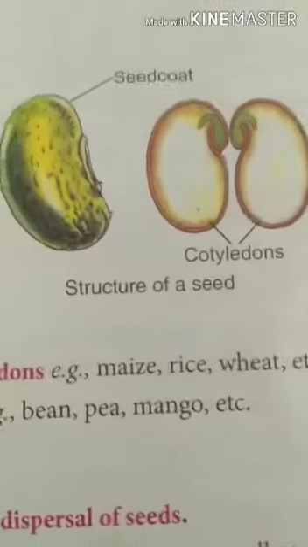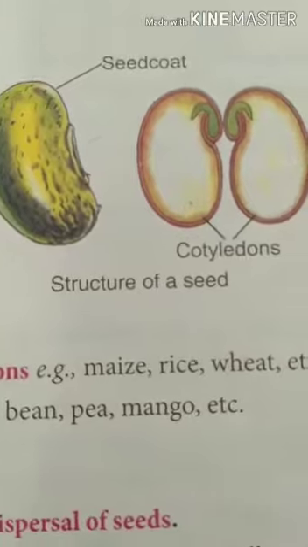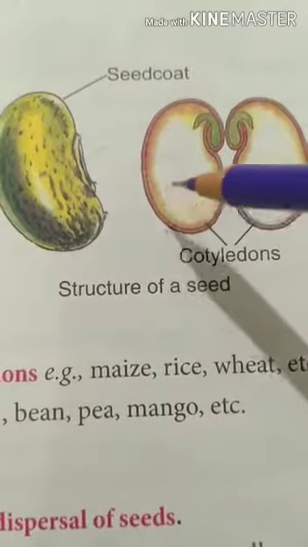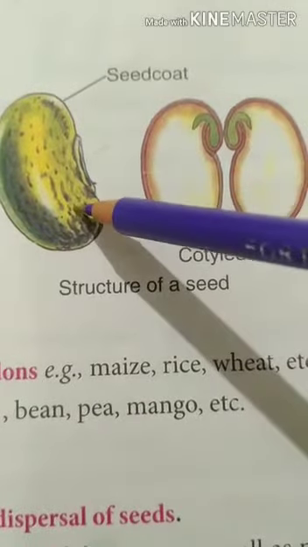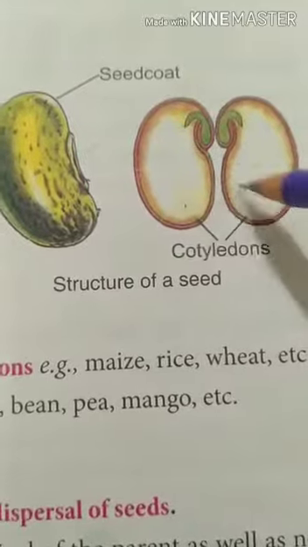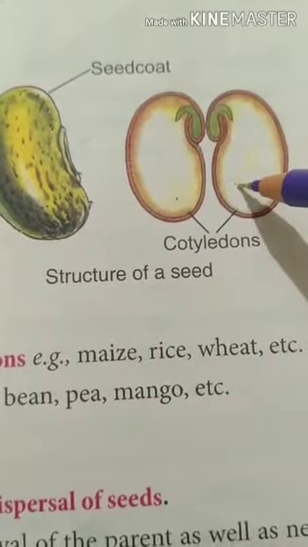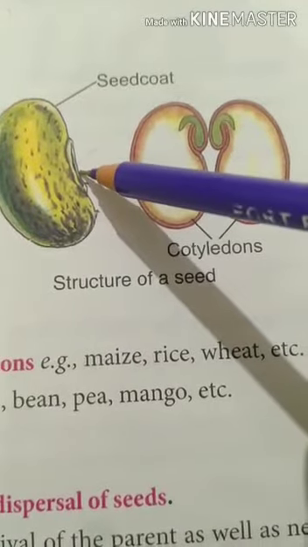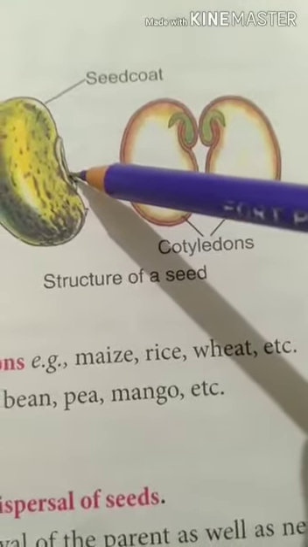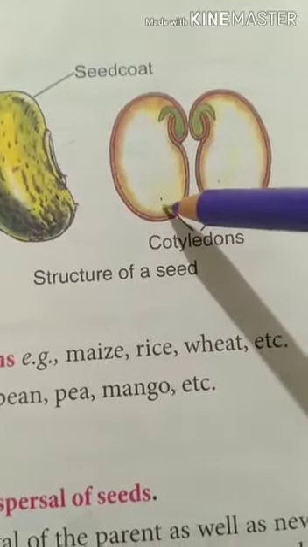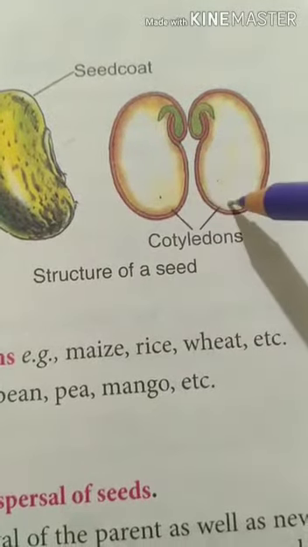Now I'll show you the structure of a seed. A seed has a hard outer covering called the seed coat. Inside the seed coat, a fleshy structure is there, the cotyledon. The seed coat has a tiny hole which absorbs water. Some seeds have only one cotyledon and some seeds have two cotyledons.